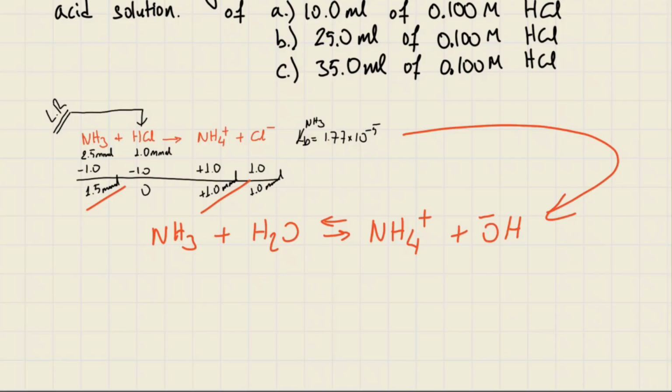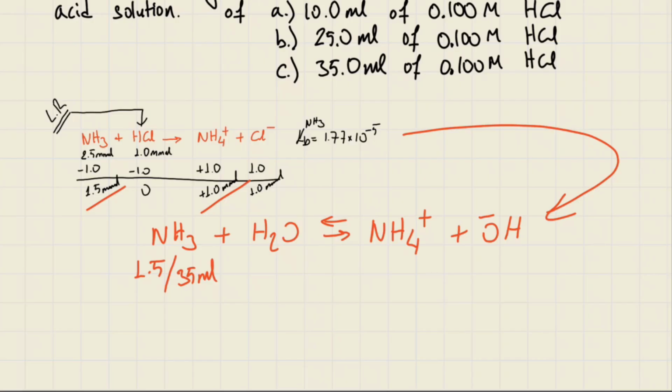So we have 1.5 over, what is the total volume? Total volume is 35 milliliter. And 1.5 over 35 milliliter will give me a molarity.